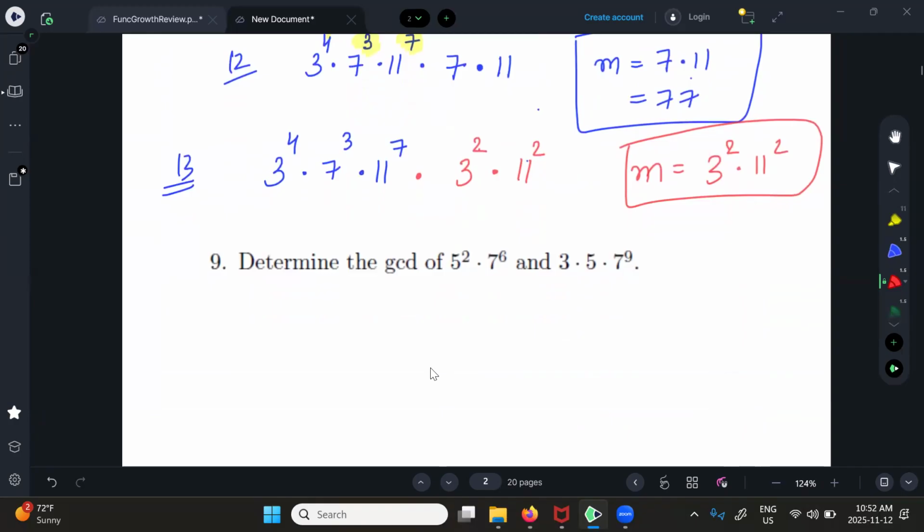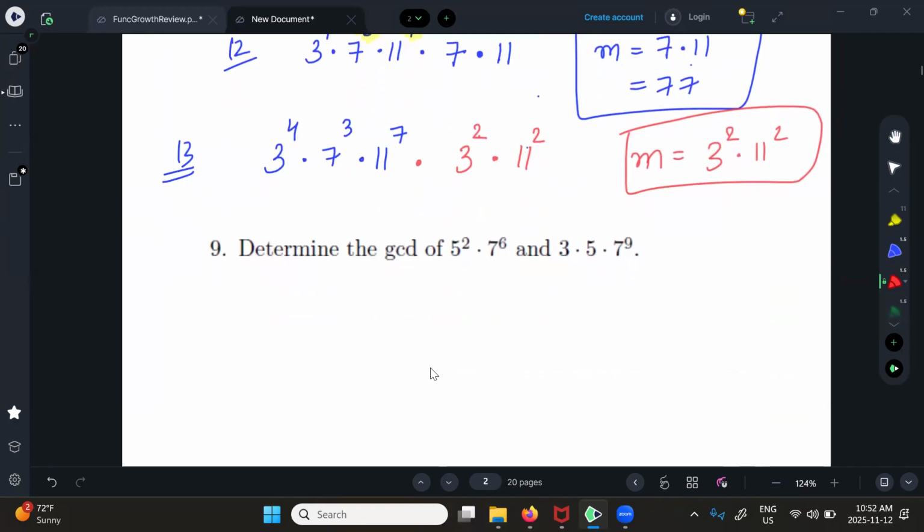What is a GCD here? Now I've done plenty of examples with you guys, finding GCD, LCM, and all those. GCD, you take the minimum power, in this case 5 to the 1, and 7 to the, there is no 3, so 3 to the power 0.